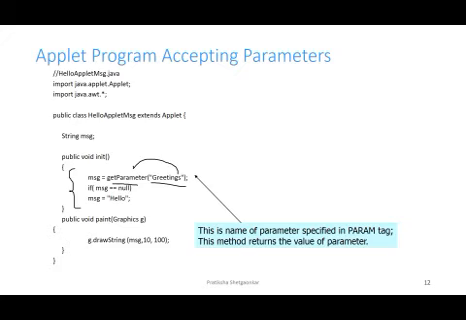This is fetched by using the getParameter method, which is then stored into a string variable. The next line says that if that message is null, just put the message hello in that message variable. And next is the paint method which will print that particular message onto the screen by using the drawString method. This is how we can fetch the parameters from the applet and then display them onto the screen.